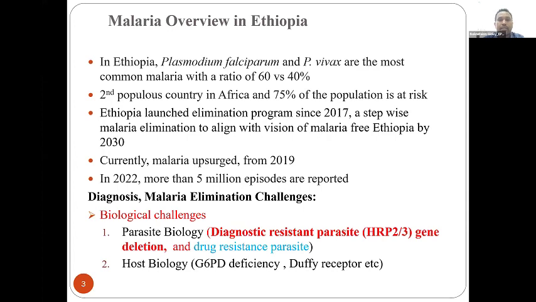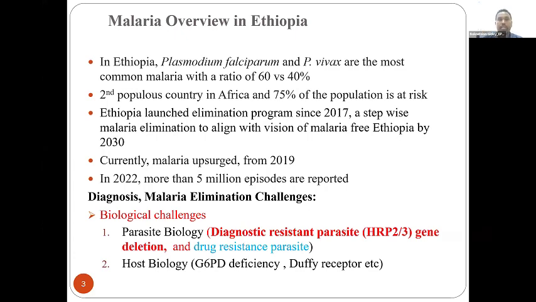In Ethiopia, falciparum and vivax are the most common malaria species, in the commonly known ratio of 60% falciparum and 40% vivax. Ethiopia is the second most populous country in Africa, and about 75% of the population is at risk of getting malaria.